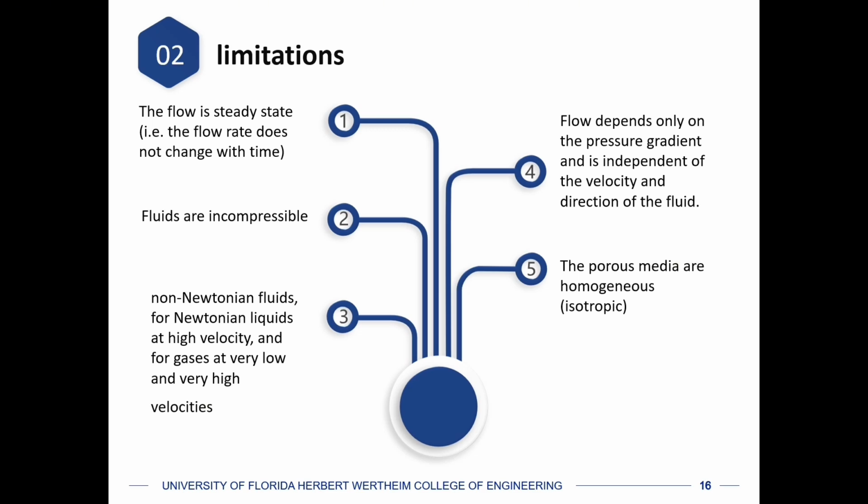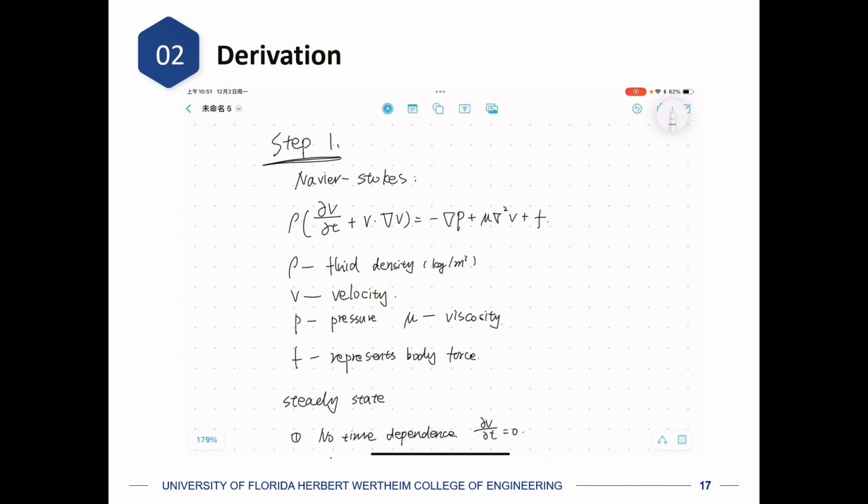Also, flow should depend only on the pressure gradient and be independent of the velocity and direction. Finally, the porous medium is homogeneous. Okay, after talking about limitations, we can move on to the derivation of Darcy's law.